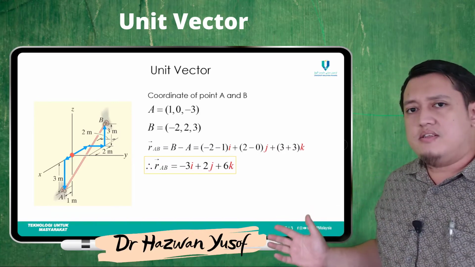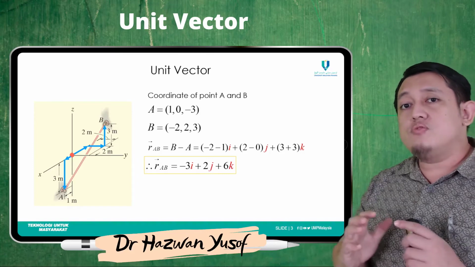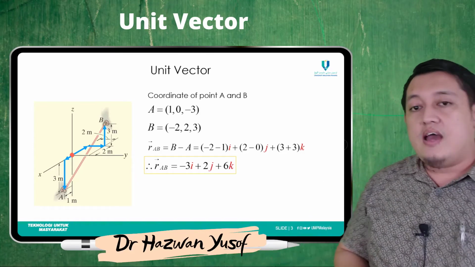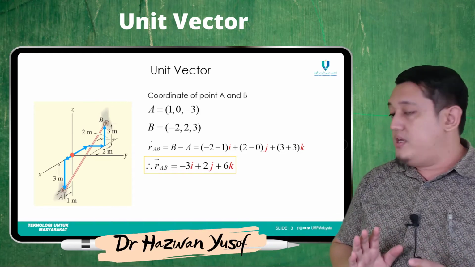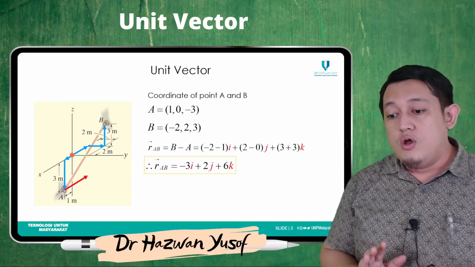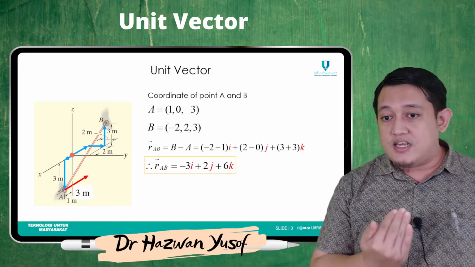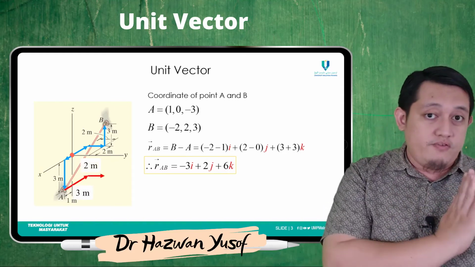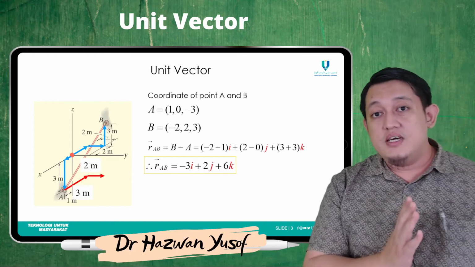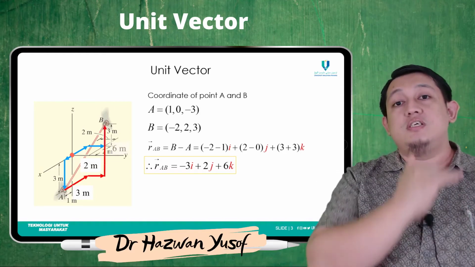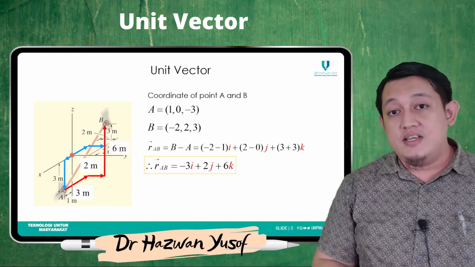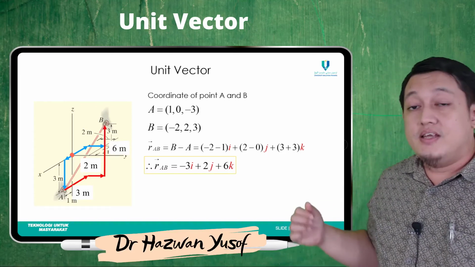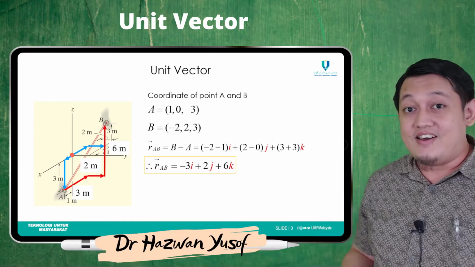So, what does it mean? Let's try to travel from A to B here. Let's look at point A. If we want to travel from A to B, we need to move in negative X direction, 3 meter. And then we move in positive Y direction, 2 meter. And then we move in positive Z direction, 6 meter. Then we can get to B from point A. Okay?